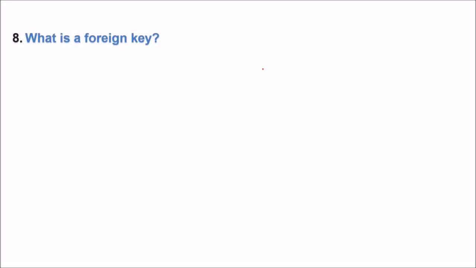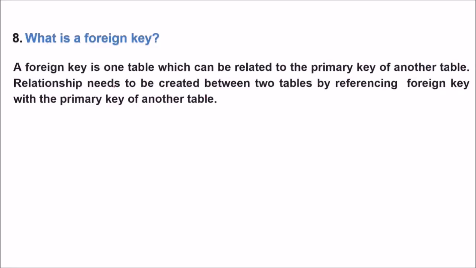A foreign key is a column in one table which can be related to the primary key of another table. A relationship needs to be created between the two tables, and we use referential integrity here, referencing the foreign key with the primary key of another table.